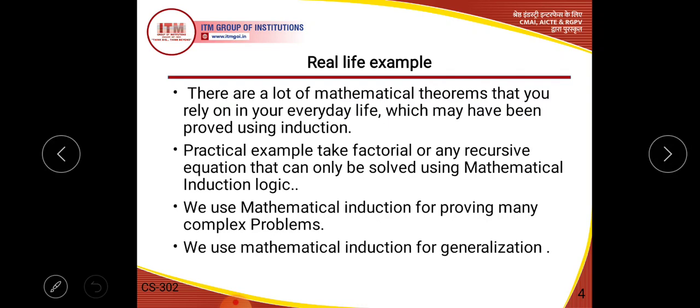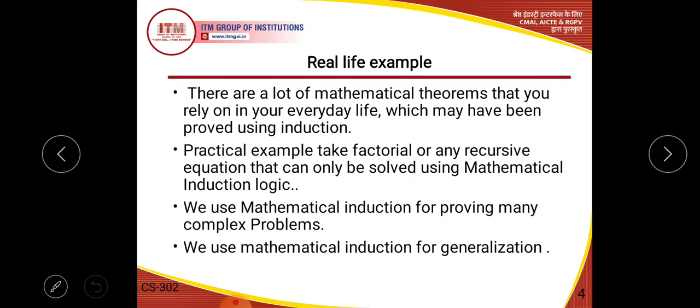Second one, a practical example where we use mathematical induction. We use mathematical induction in factorials or any recursive equation that can be solved by mathematical induction logic. With the help of mathematical induction logic, we solve problems based on factorial.